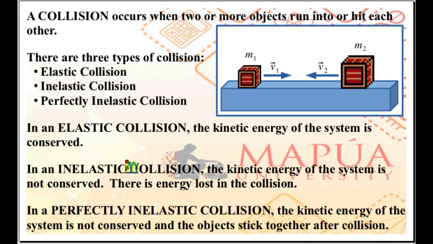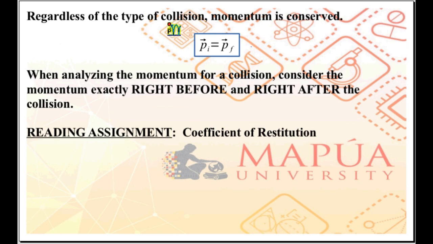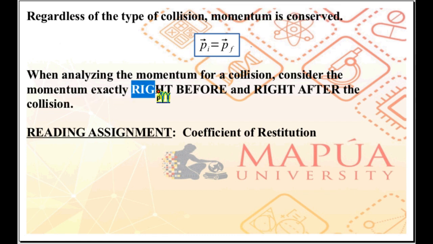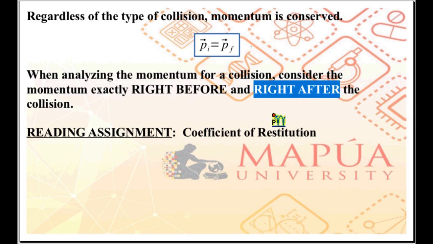So, depending on the type of collision, the kinetic energy will either be conserved or not conserved. But regardless of the type of collision, the momentum is conserved. Initial momentum is equal to final momentum. Initial momentum is momentum right before the collision, whereas final momentum is momentum right after the collision.